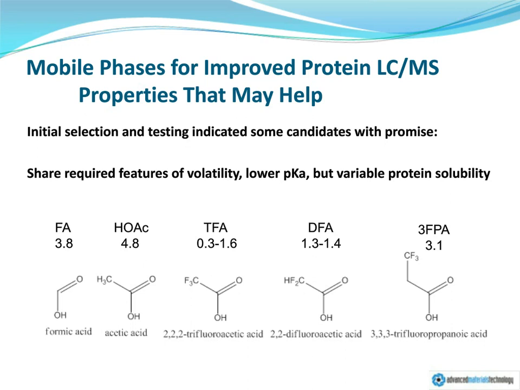All of these candidates have the desired characteristics of being volatile, with relatively lower pKa. The pKa's are shown under the abbreviation for the compounds, and all of these will support quite reasonable protein solubility, with the exception of acetic acid, which we have found to be variable.